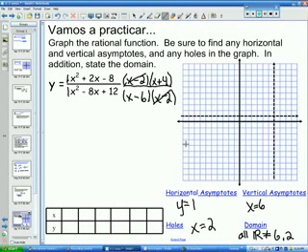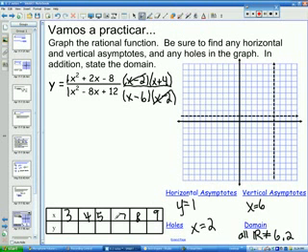So we'll choose our pen tool, and down here we'll do 3, 4, and 5, and then 7, 8, and 9.